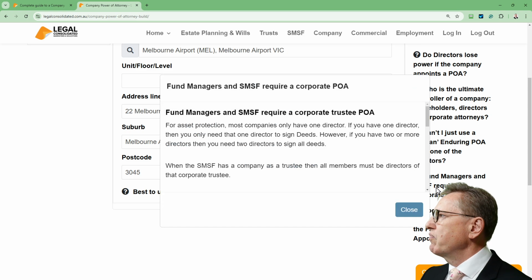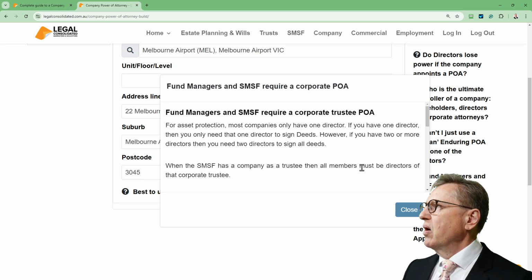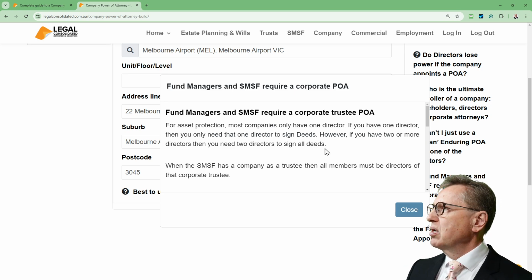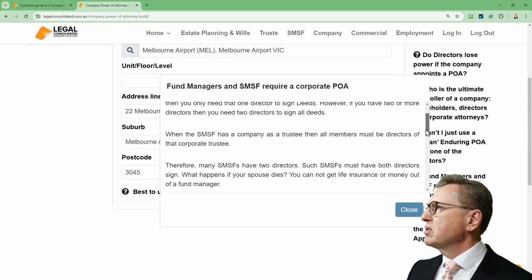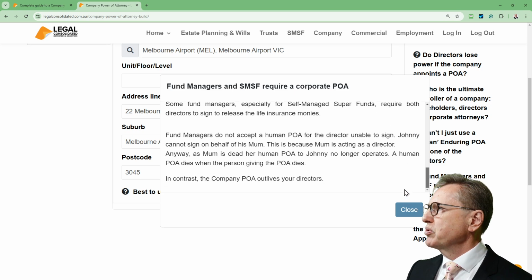Fund managers and self-managed super funds. This is one of the main reasons why you would always build a company power of attorney, particularly if it's acting as a trustee of a self-managed super fund, so a special purpose company.